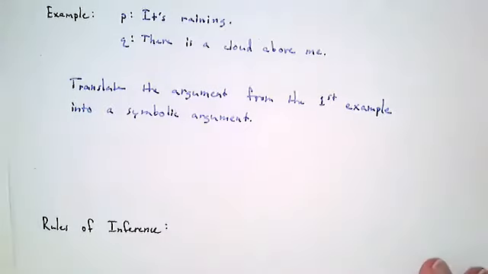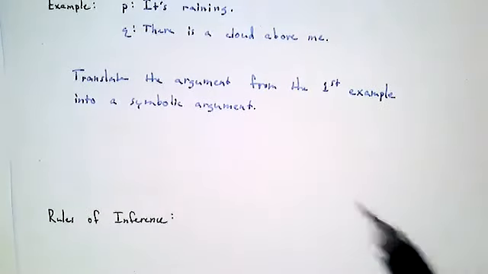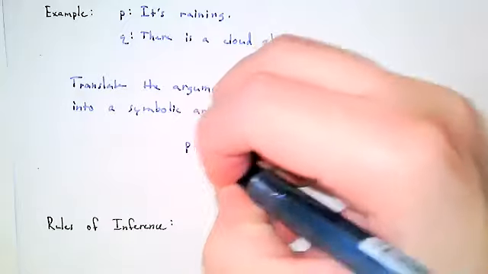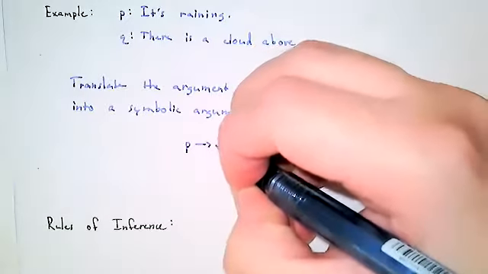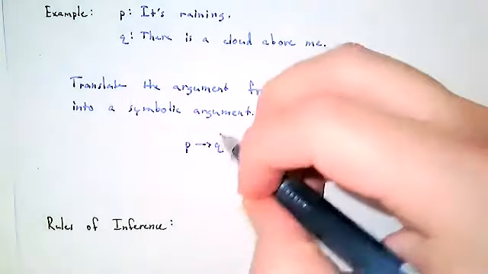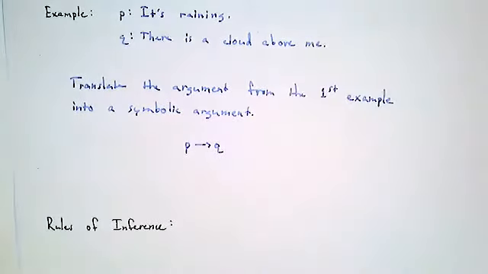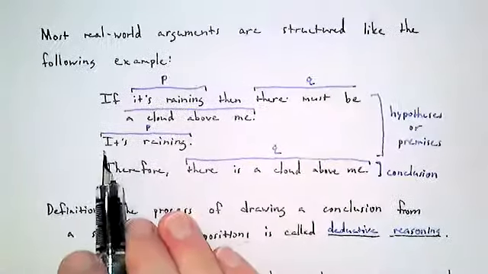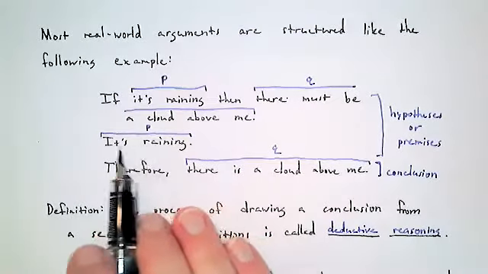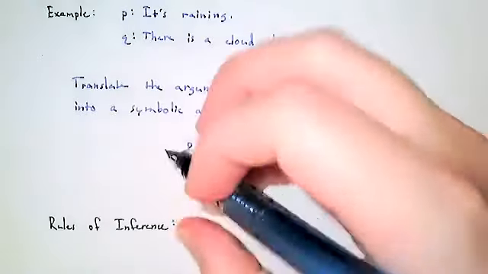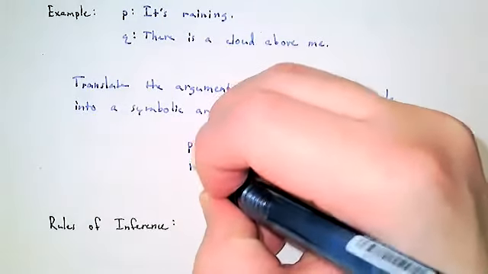So going to the next page, the first line of my symbolic argument is going to be that proposition, but I'm going to write it out in symbols now instead of words. Then the second part of my argument, this line, is P. I'm saying it's raining, so I'm stating that it's raining is a true proposition.